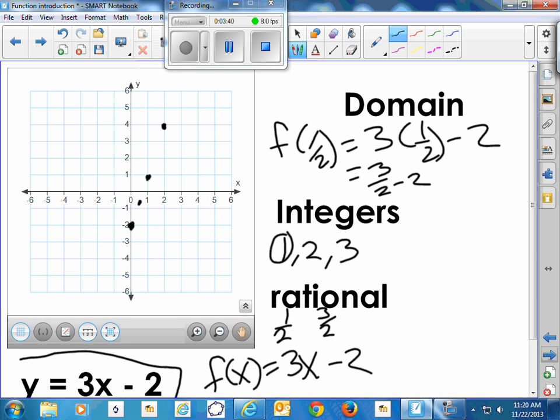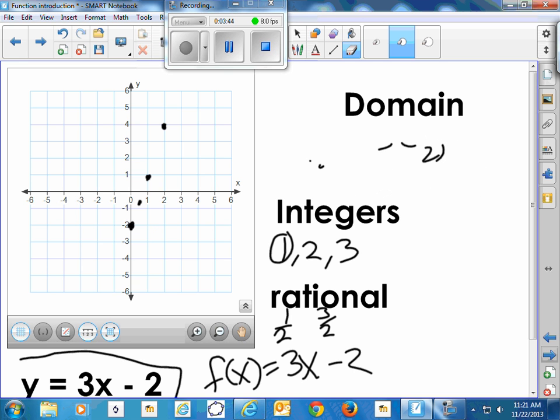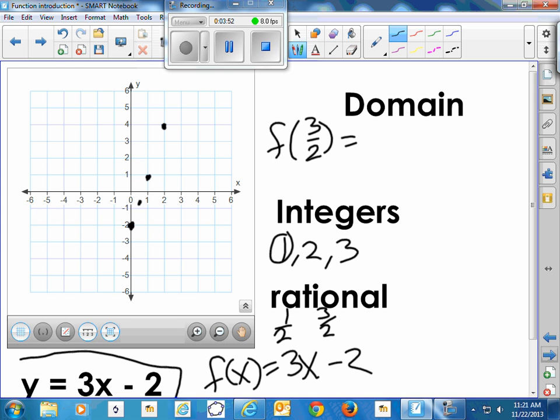So the function of 3/2 is equal to 3 times 3/2 minus 2. So that would be 9/2. 3 times 3 is 9. 9/2 minus 2.